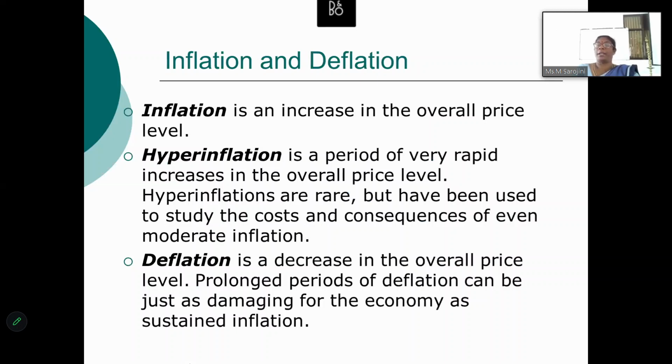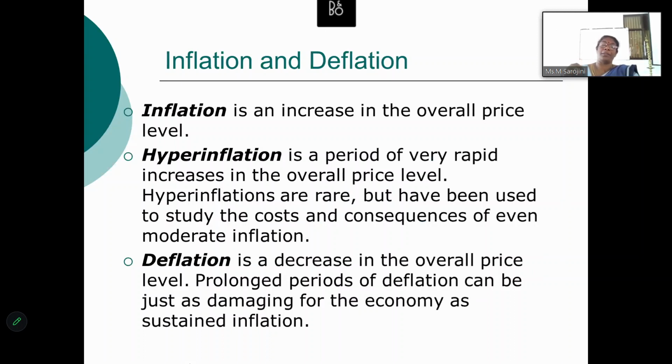Right, inflation and deflation. Inflation is an increase in the overall price level that we are experiencing. Right? Though there is some reduction in some goods, for an example, gas prices are reduced.